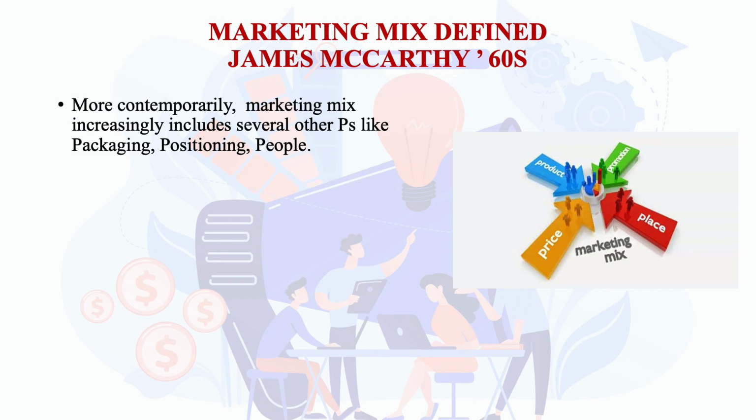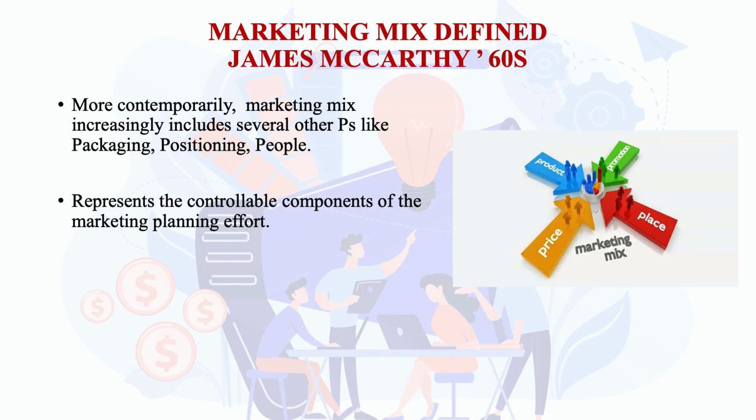Now, if you look at the marketing mix, this is the controllable part of the marketing action. There is a lot of action happening in the marketing environment that is not controllable by the company. When the company is sitting down to plan its marketing effort, there are variables like the competitive environment, the legal and the regulatory environment, and so on. Even the demographics of the consumers and the buying aspirations of the customers are something that the company cannot control.